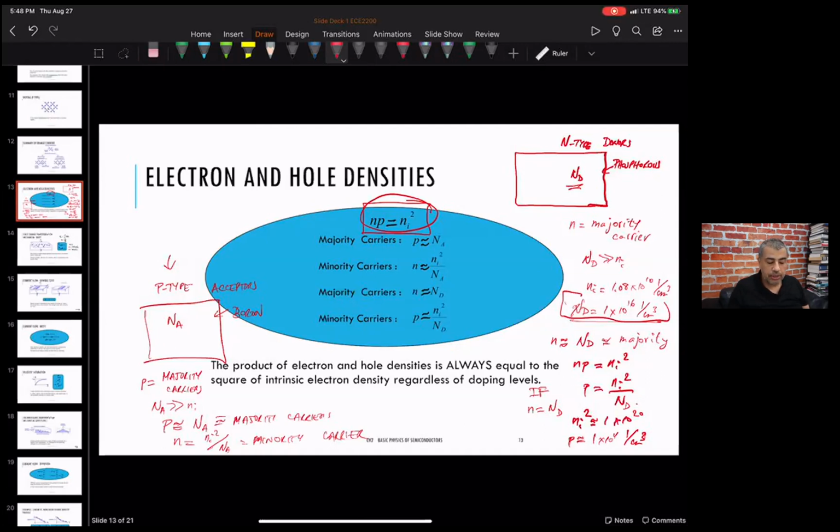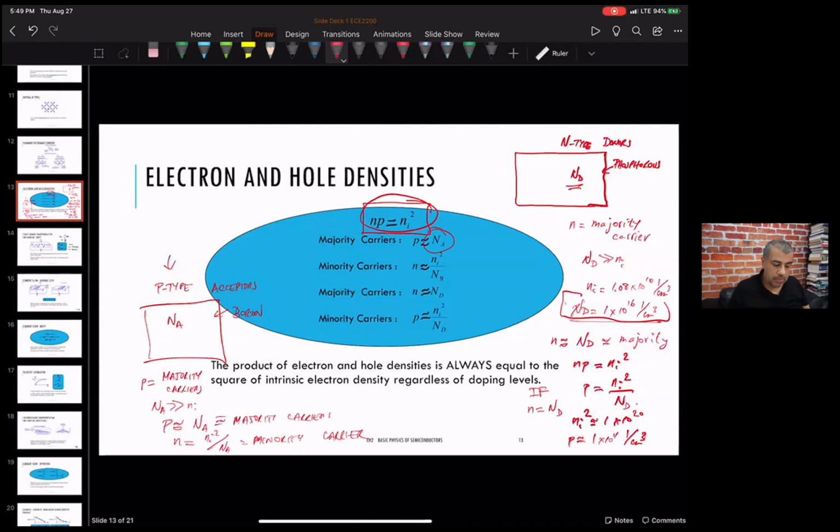You can find the minority carriers, the electrons, by dividing n sub i squared, the free carrier density, by that acceptor concentration, and vice versa for the donors. Now, the tricky thing to remember: let's say you're given the acceptor concentration in a problem. Regardless of what happens, the number of holes is that.